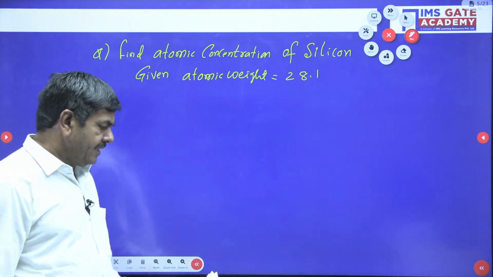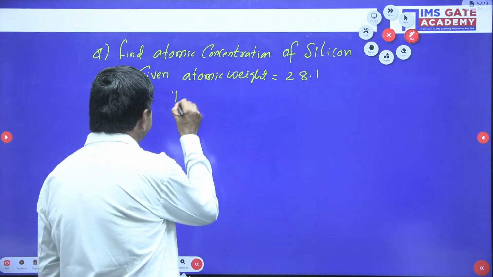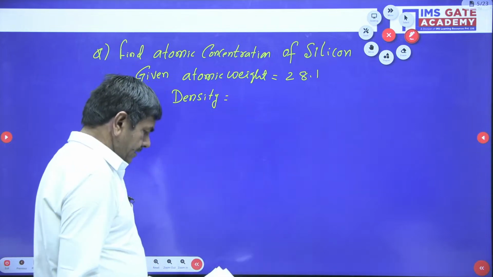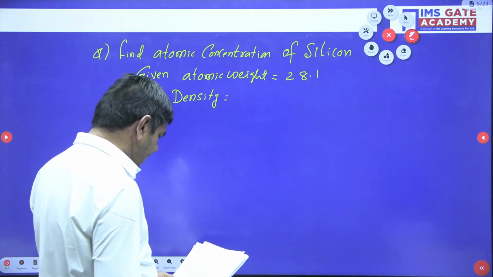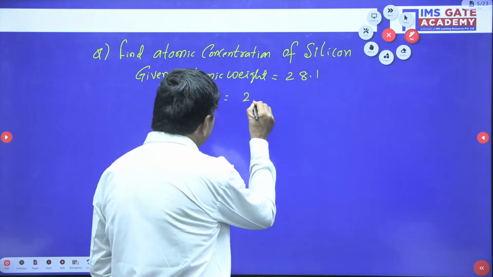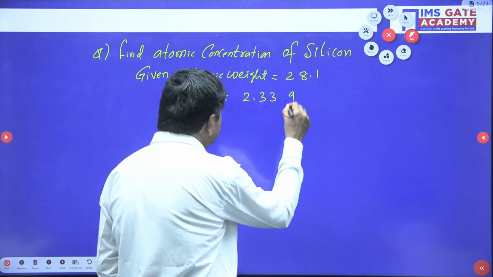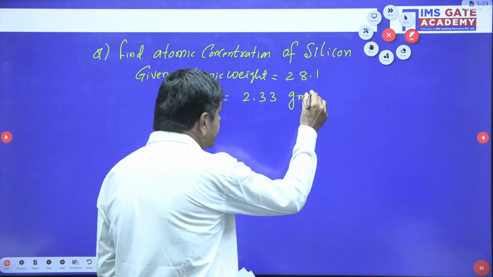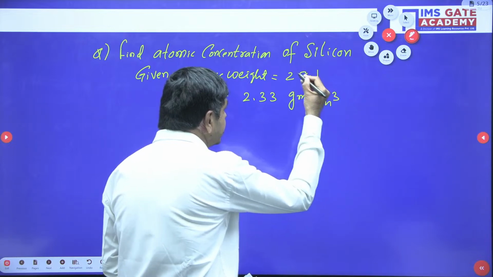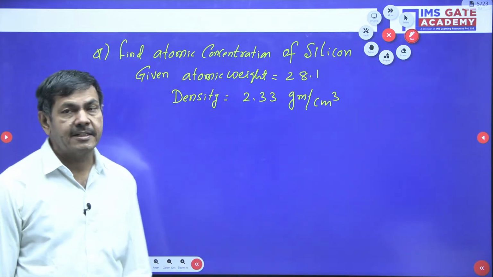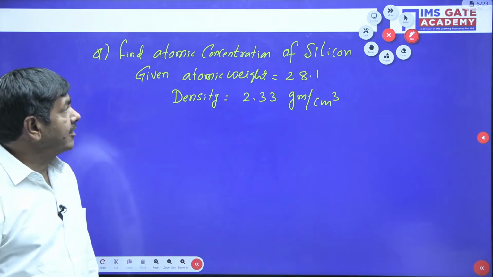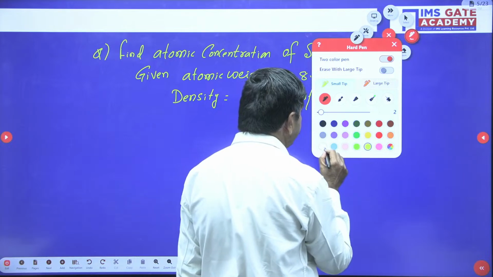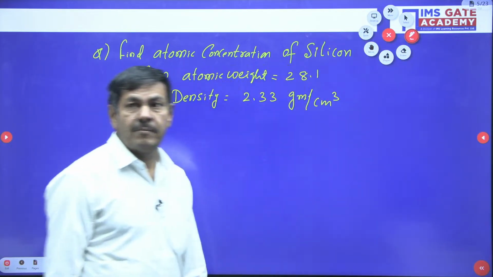And the density of the material is given as 2.33 grams per cm cube. But it is asking to find the atomic concentration of silicon. How can we find it? The same formula is applicable here. By applying the same formula, we can get the answer.